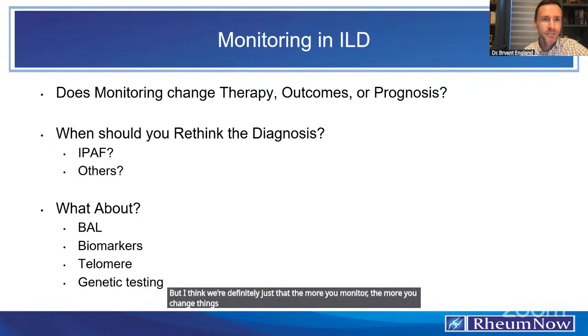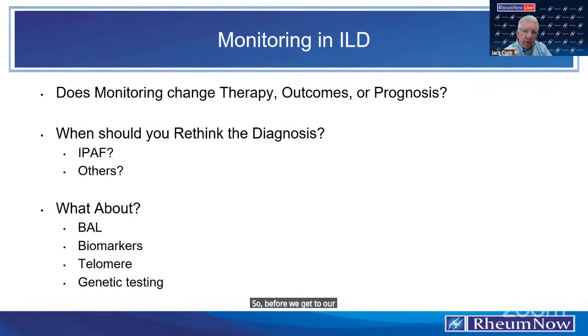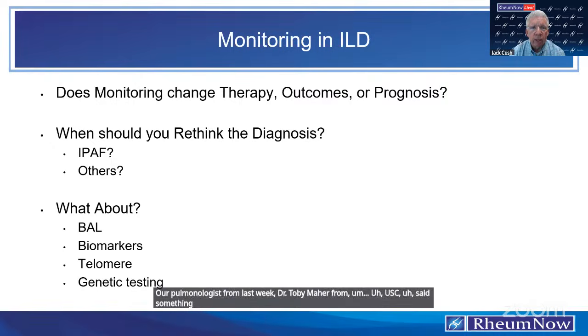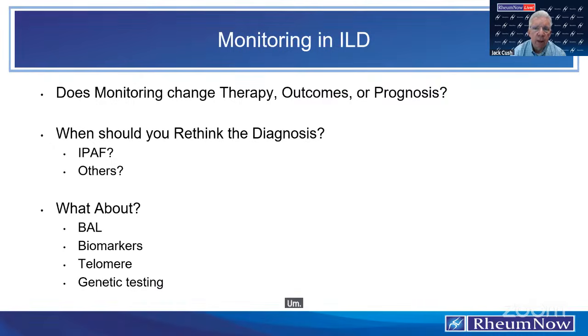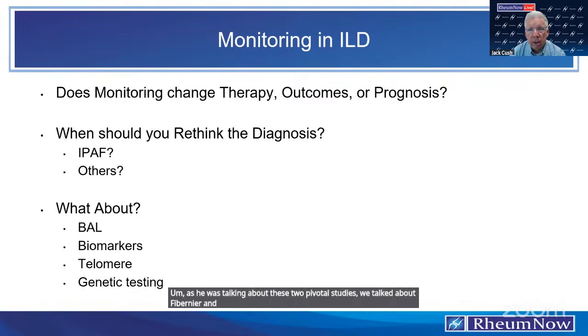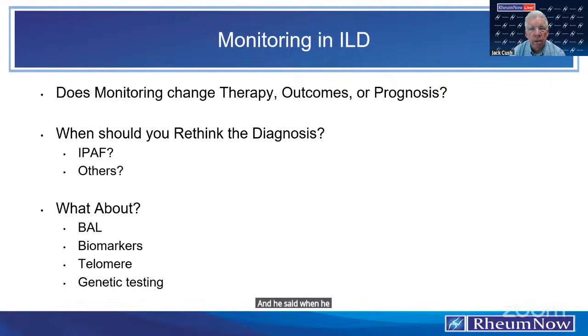So before we get to our final word from our pulmonologist, I want to quote our pulmonologist from last week, Dr. Toby Maher from USC. He said something really interesting as he was talking about these two pivotal studies we talked about, Fibroneer and Recital. He said when he started his career, ILD, IPF, bleak, horrible, ugly outcomes, no choices, no therapy.